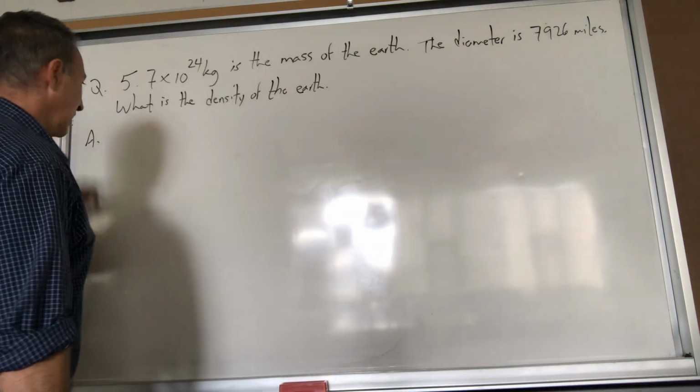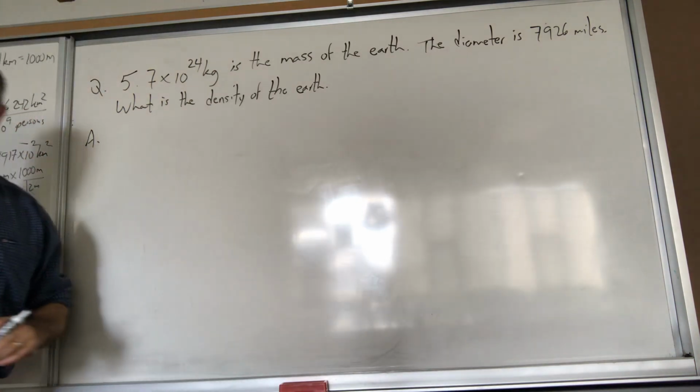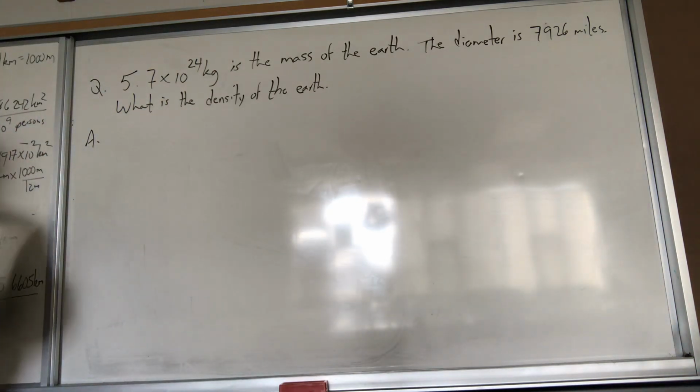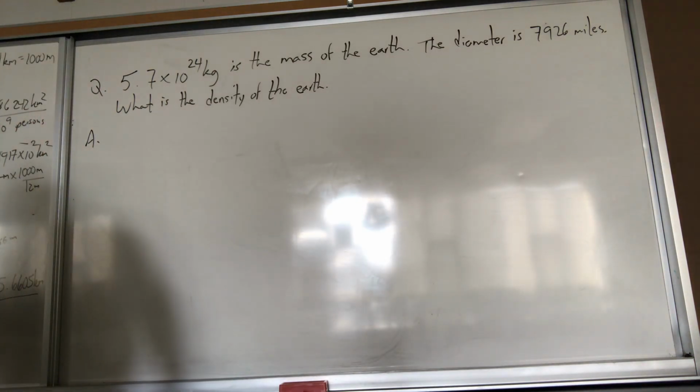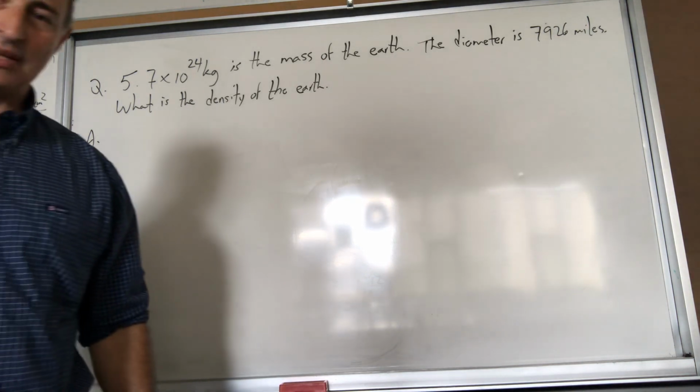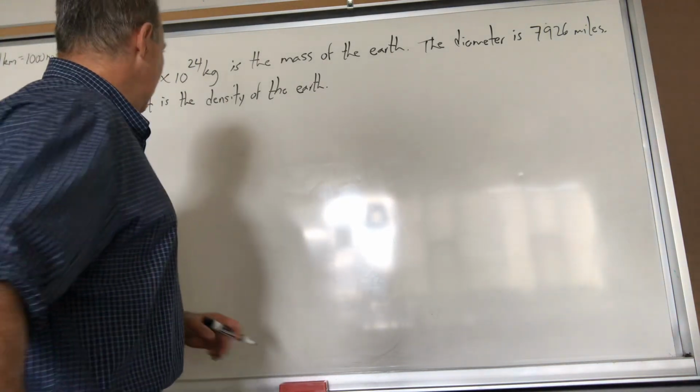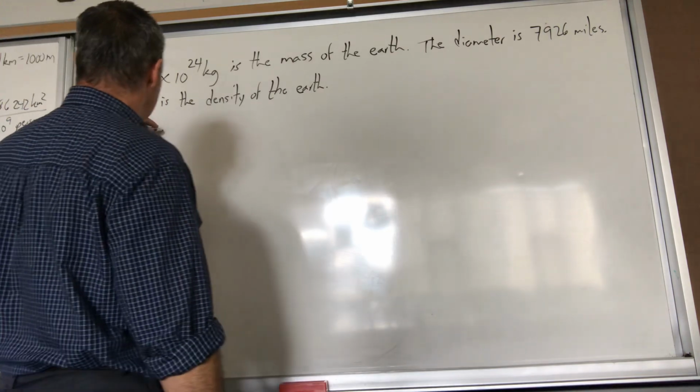Okay, first thing we need to do is calculate the volume of the Earth. You can do it in centimeters cubed. I know it sounds like a rather unconventional unit to be using for such a large object as the Earth, but remember that density equals mass over volume.